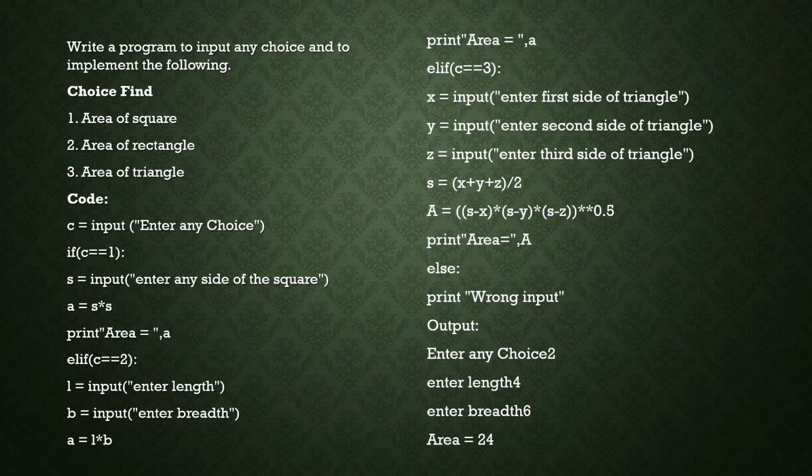And next the third one, elif C equal to 3, that means triangle, and here you are going to access three sides, x, y and z. So three things.